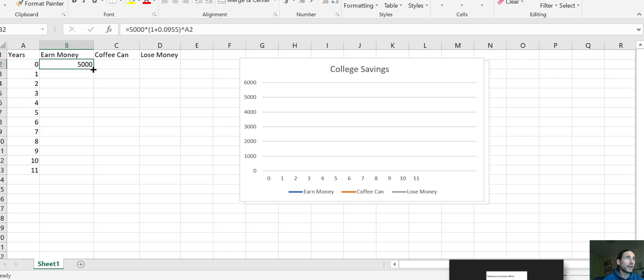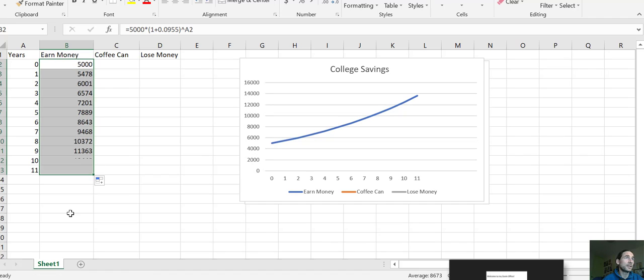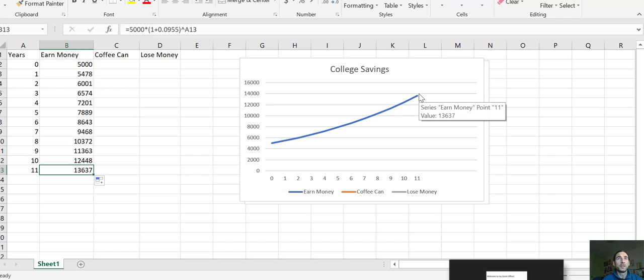And I can click on that and drag down and see that we have our 13,600, or roughly our 14,000 after 11 years, okay? And so that's what it would look like on a graph. And that's an exponential function. See how it curves a bit? So the more you have in there, the more it grows, right? Because you're earning interest on top of interest.